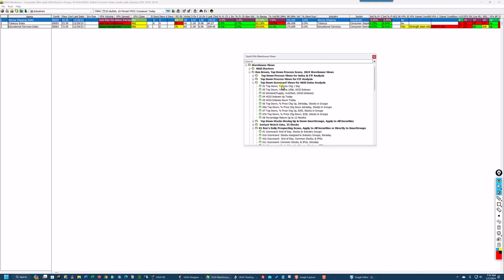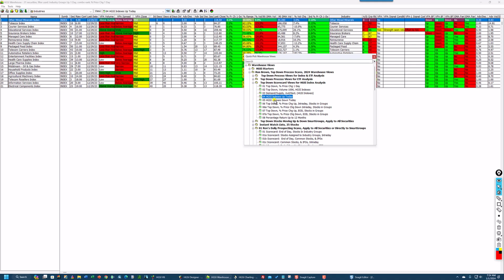So what that'll allow us to do is, rather than just looking at the indexes up today and looking for the number of days, you'll also have the option of using a single scan, looking for crossovers on the 3 and the 6 and the volume point of control.